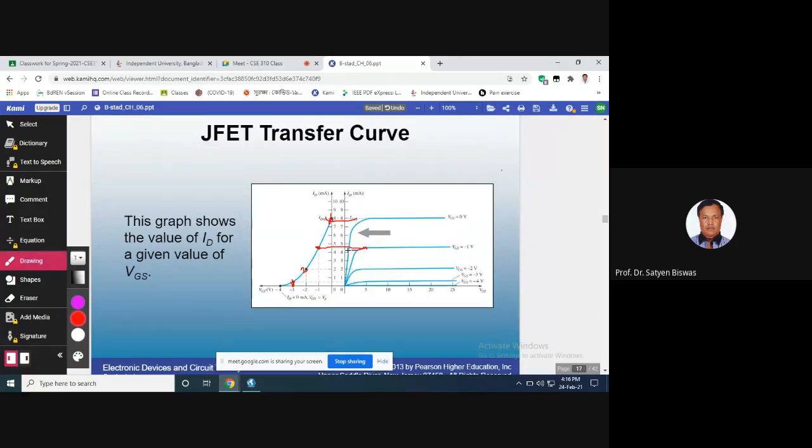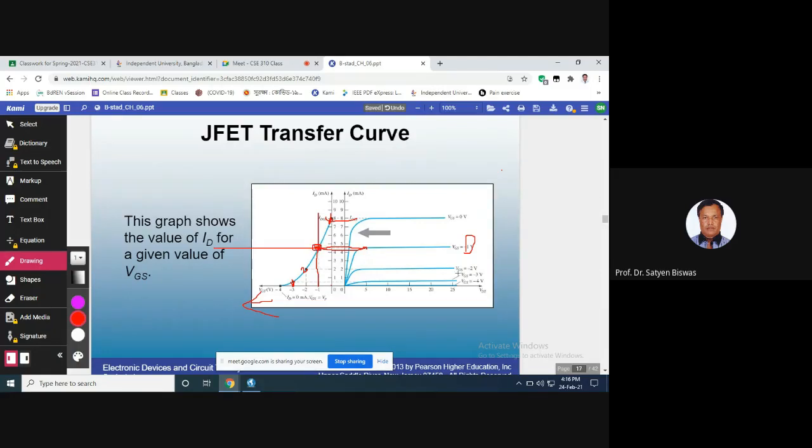First, what we need to do is extend this line here, right? This is VGS equal to -1, and extend this up to here. So now we get -1, and this is 0, and this is -1, -2, -3, -4 in this direction. Now take the -1 point here and go upward, and then here, and you will get the intersection point here.